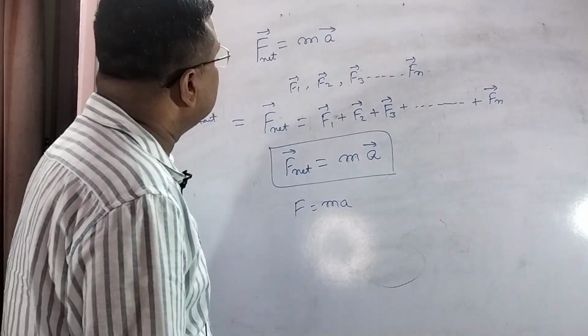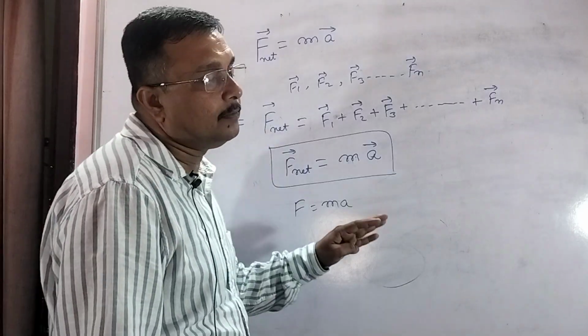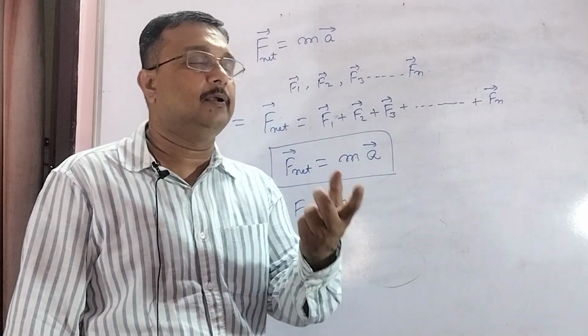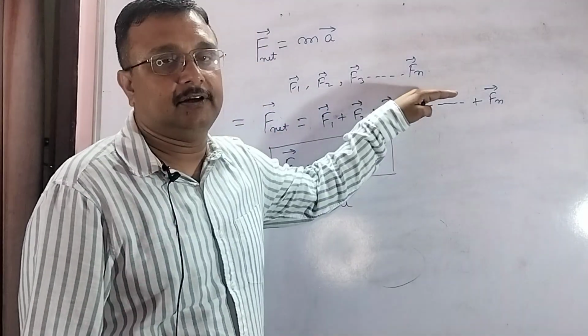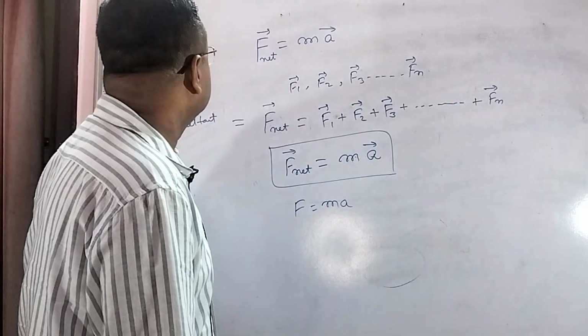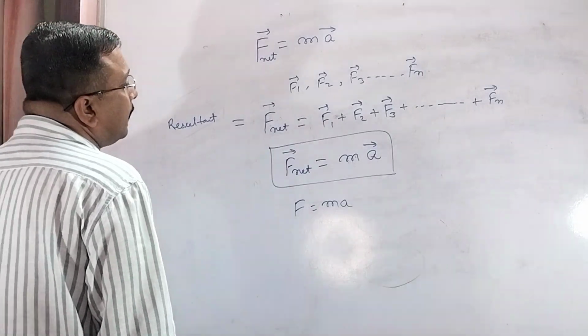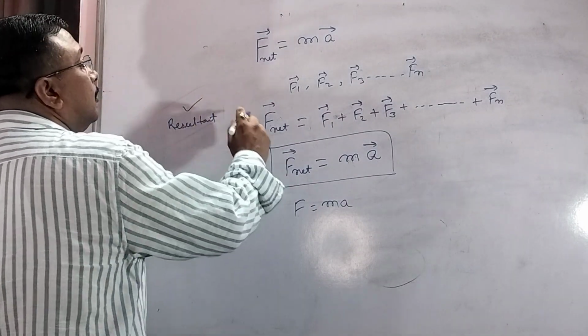The first criterion is: if on a system of particles or on a single particle there are a number of forces acting, then first we shall try to find the resultant of all these forces.